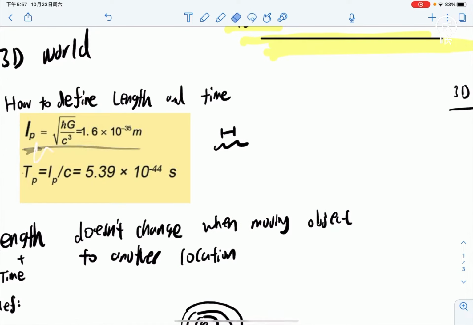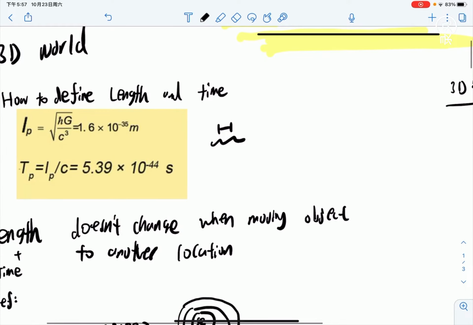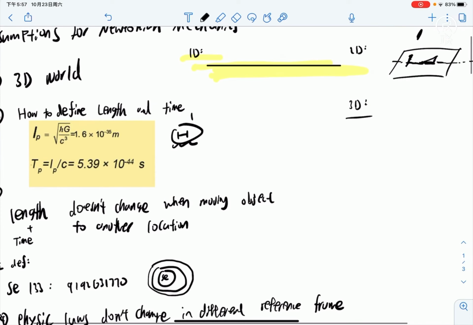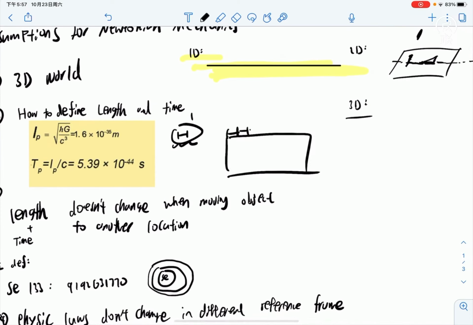So we can define it as a unit of 1. And for bigger objects, we just add up the Planck length. In this case, the stick is just 10 times the Planck length we defined.